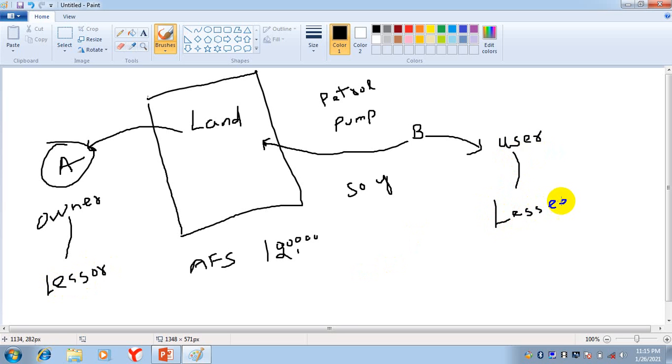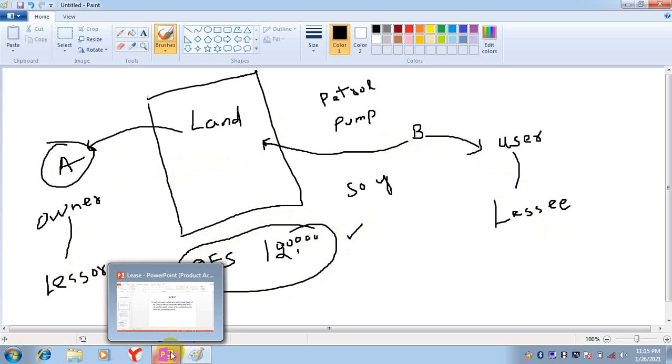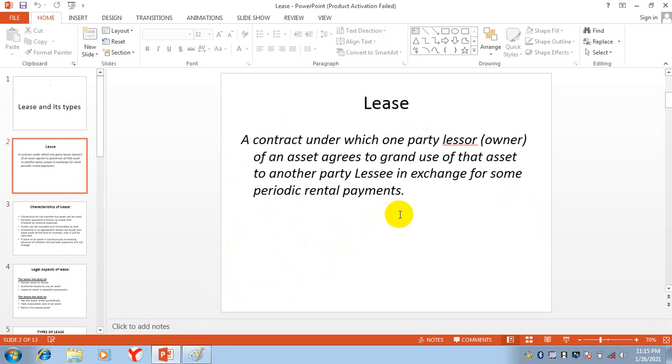So lease is an agreement in which one party, the lessor, allows the other party, the lessee, to use its asset for periodical payments. This 120,000 will be the periodic payment. So this type of agreement is called lease.